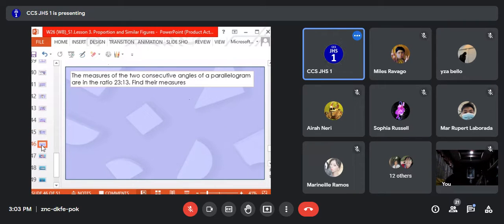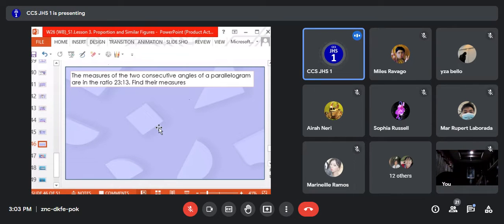Okay, this one is a recollection of your lesson in grade 6, ratio and proportion. But we will be using the consecutive angles of a parallelogram. The measures of two consecutive angles of a parallelogram are in the ratio of 12:13.